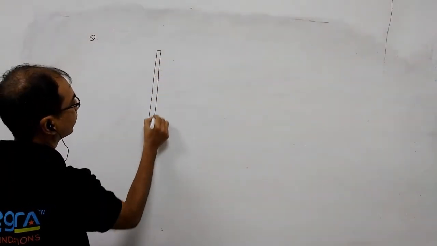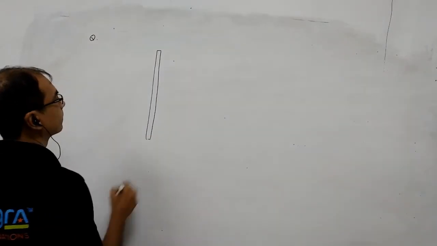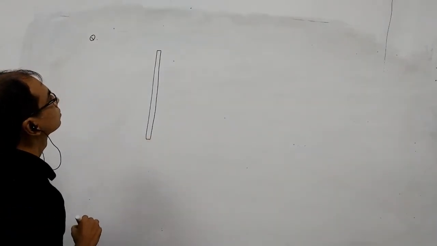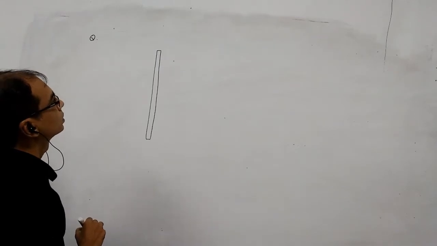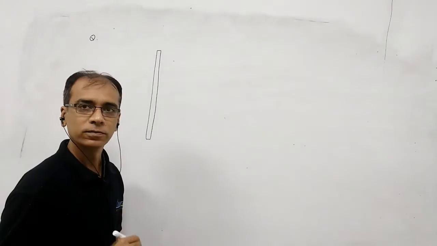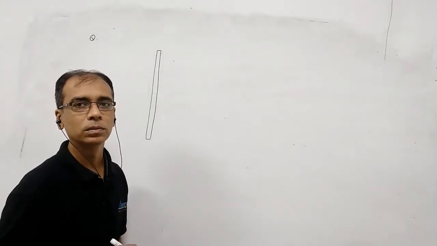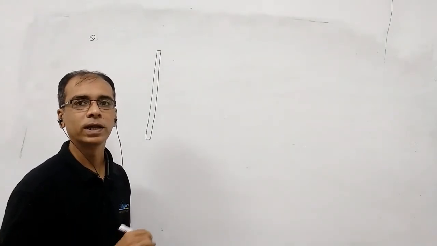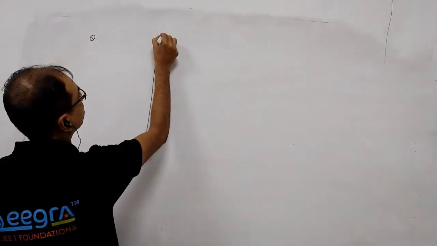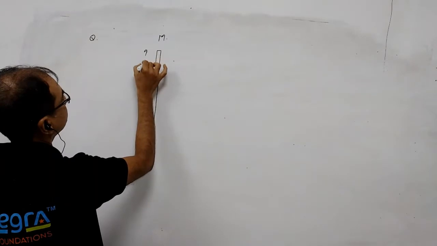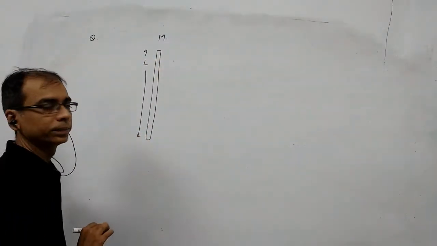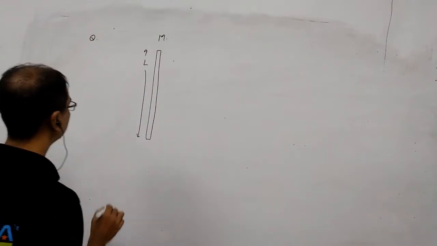Here is the rod. Shall we take values, or without values shall we do first? First we'll do without values, and then after that we'll take the values. So let's say this rod is having mass m, length is L. And bullet is coming.